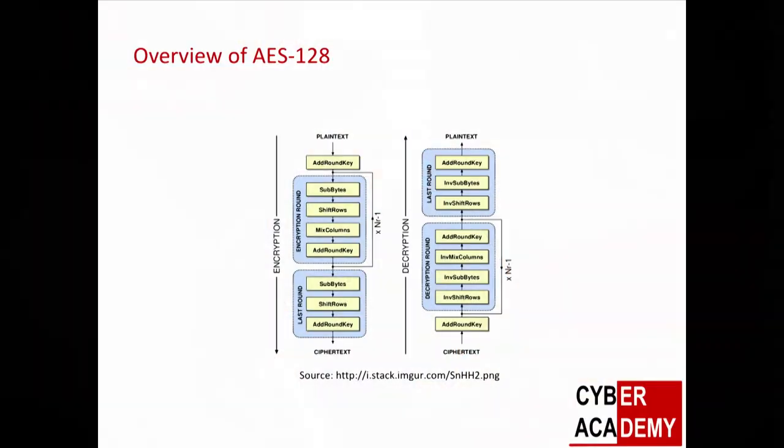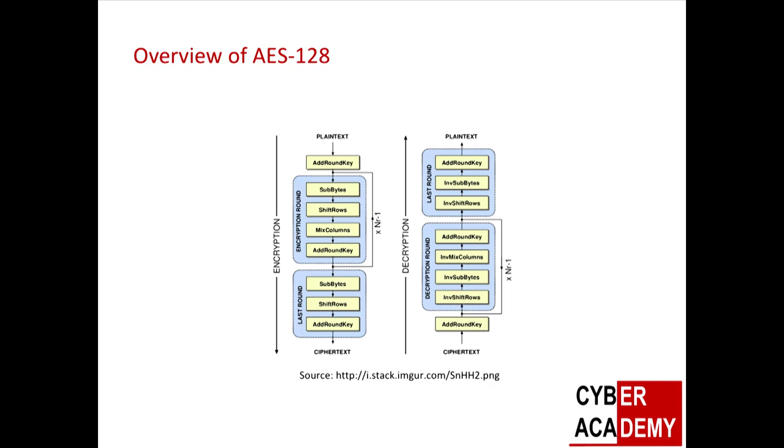So as I said before, within AES-128 specifically, there are 10 primary rounds of operation. With the exception of the last round, the operations themselves will consist of SubBytes, ShiftRows, MixColumns, and AddRoundKey. During the last round of operations, the only functions that will be run are SubBytes, ShiftRows, and AddRoundKey.